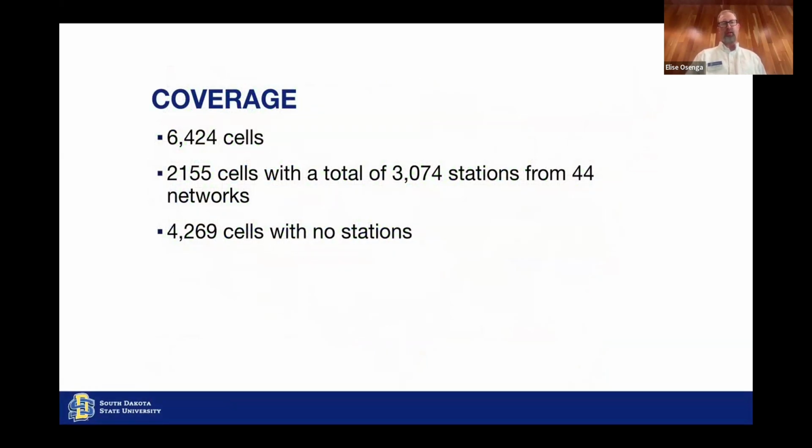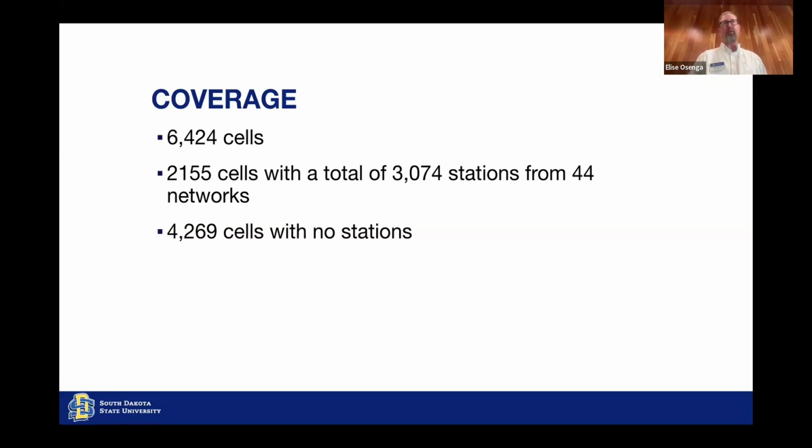So anyways, the number of cells that show up on that map is 6,400. It's probably realistically closer to 6,000 because you got a lot of coastal ones that just really don't have much of anything in them for land area at all. But we've got about 2,100 cells that have a total of about 3,000 stations in them from 44 different networks.